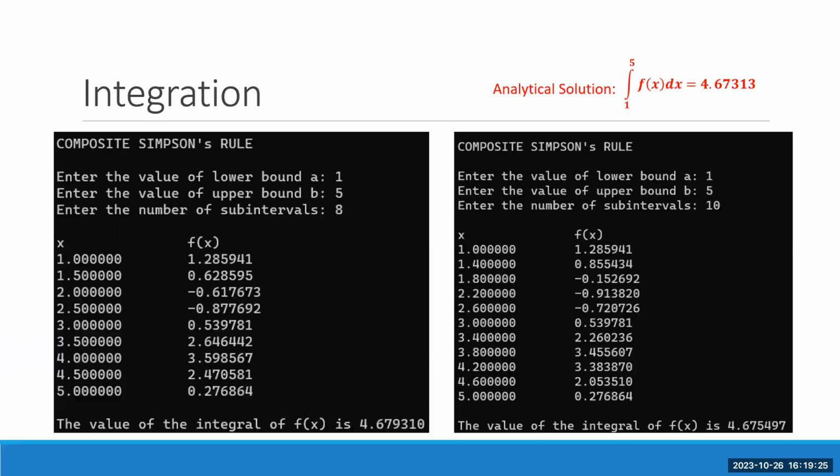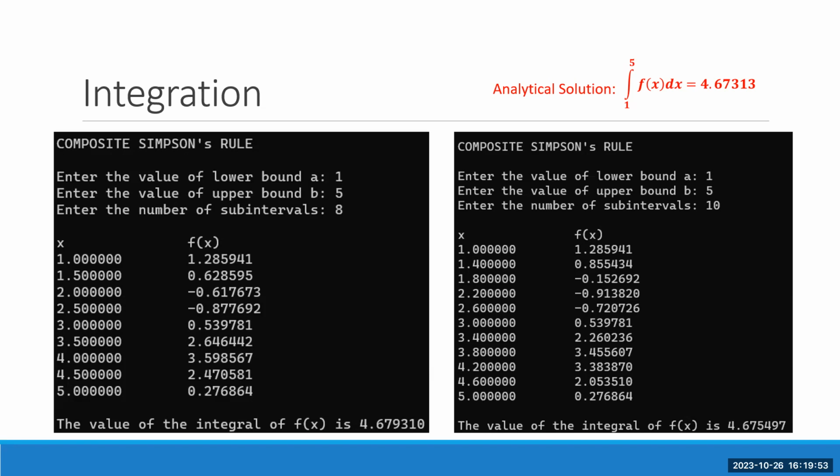And finally, for the results of the numerical integration, we enter the lower bound a equals 1, the upper bound b equals 5, and we vary the subintervals. For the first picture on the left, n is equal to 8, and the value of the definite integral is 4.67931.